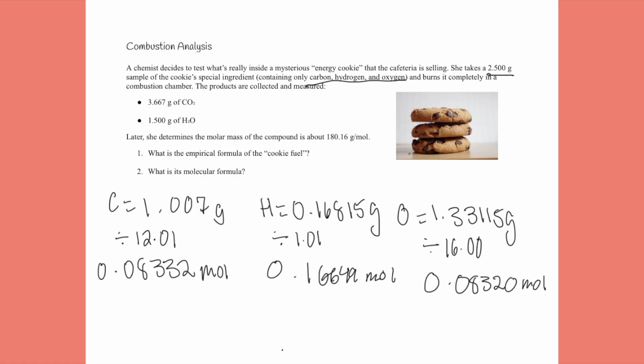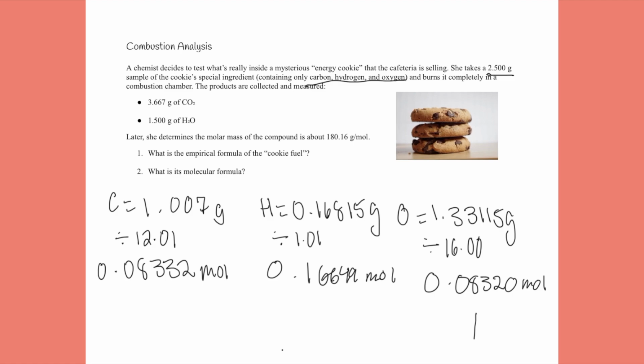So once we're here, what we want to do is divide each of the numbers of moles we have by the smallest number of moles. This helps us find the ratio of how much carbon to hydrogen to oxygen this particular compound has. So the smallest number of moles we have here is 0.08320. When we divide 0.08320 by 0.08320, we get 1.